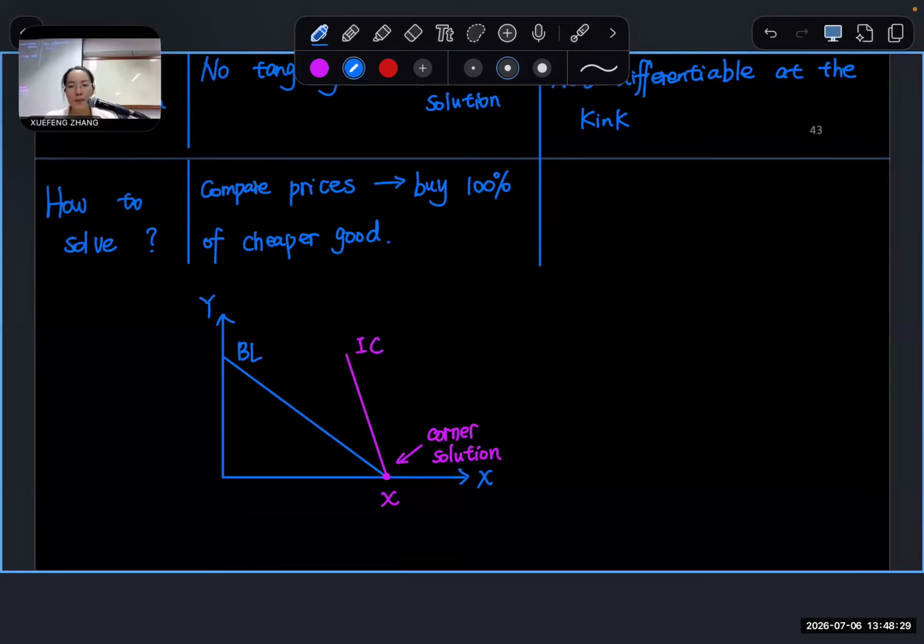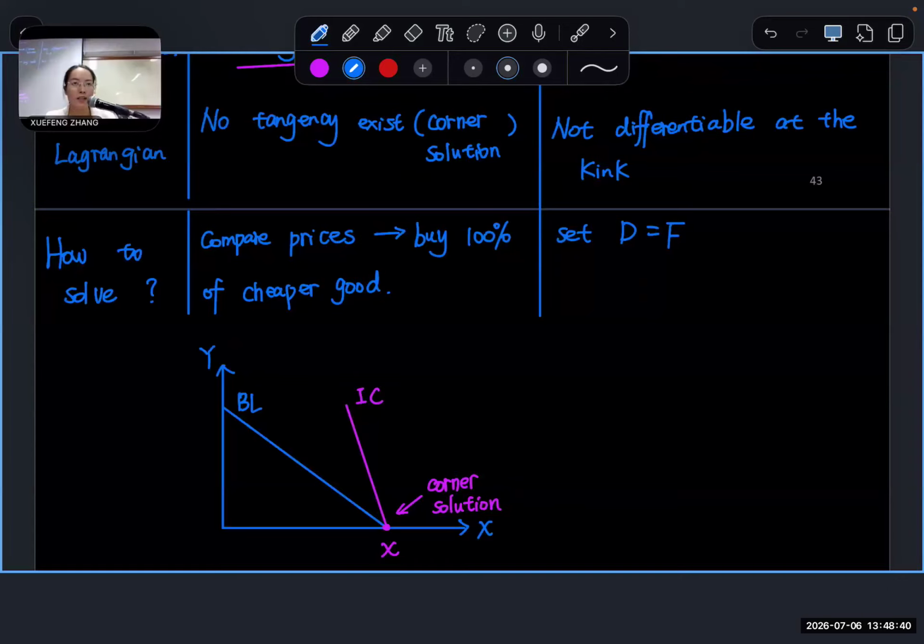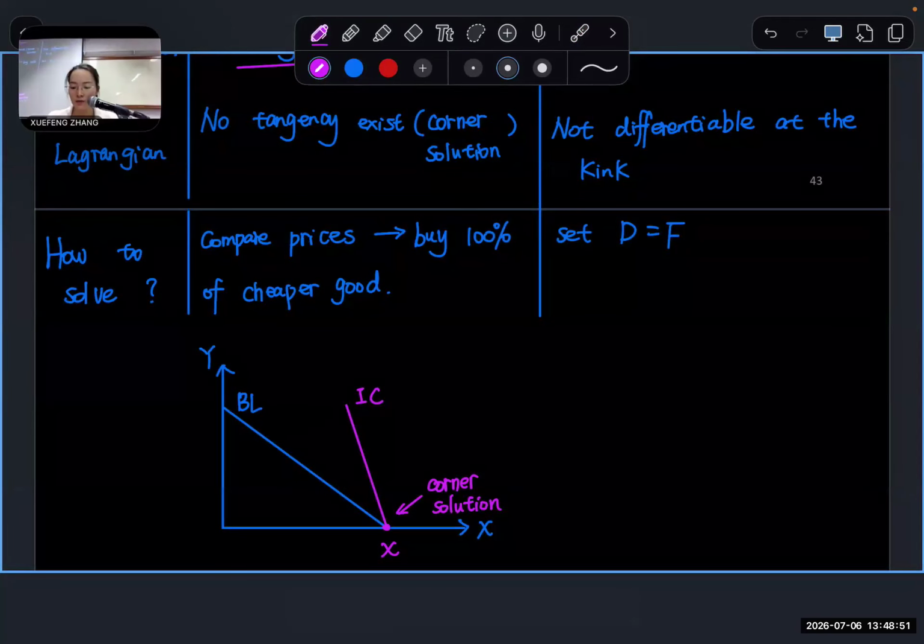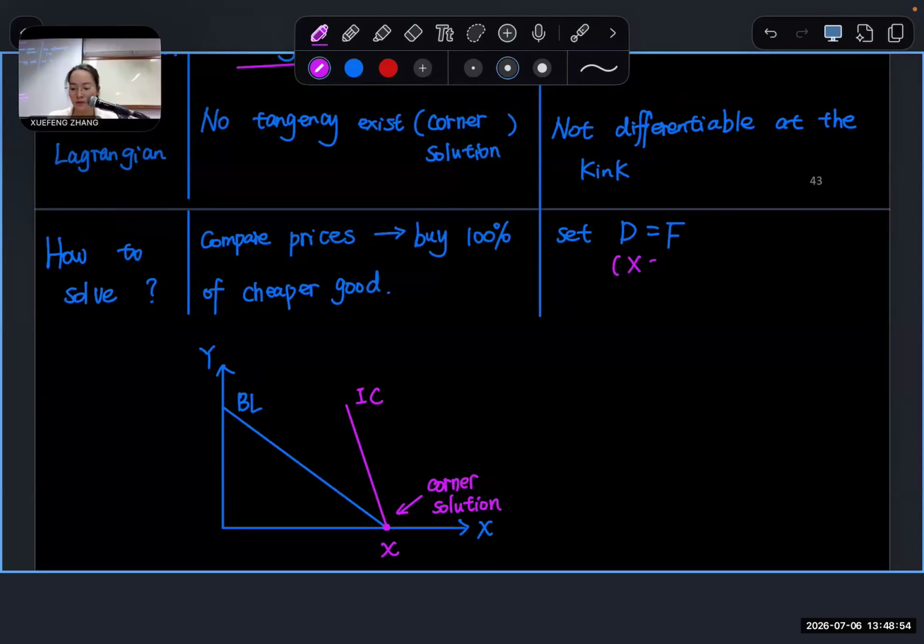For perfect complements, how do we solve it? You set D equal F because they are perfect complements, right? D and F here just mean two goods, or you can set X equal Y in general. You set X equal Y and then you plug it into the budget line.